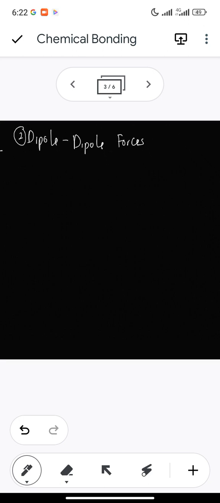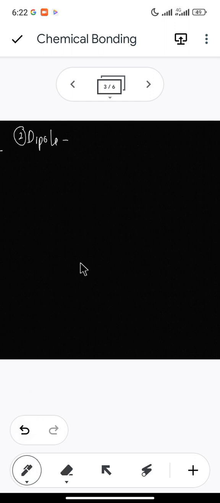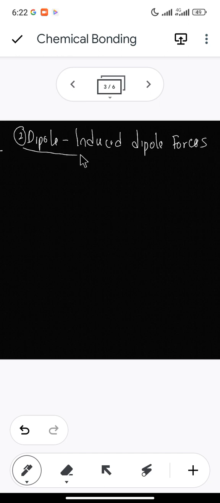This is not the second one. The second one is the dipole-induced dipole forces. Now it's kind of similar to the London dispersion forces, but we'll see the difference. The only difference now is that it's between a permanent dipole and an induced dipole.